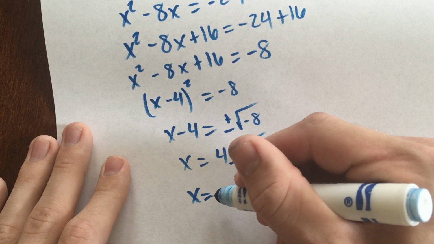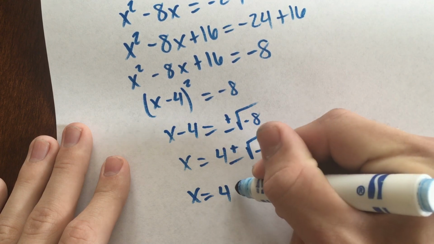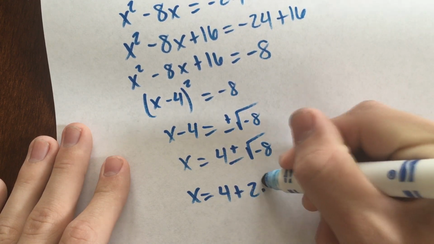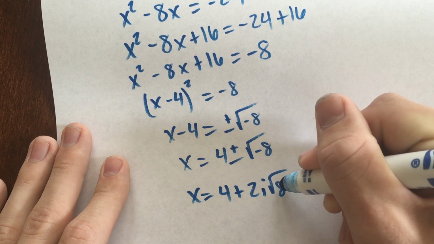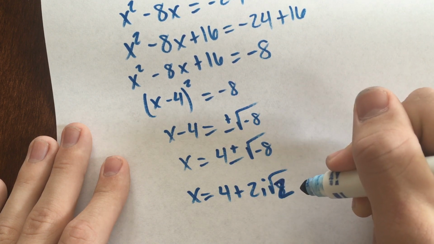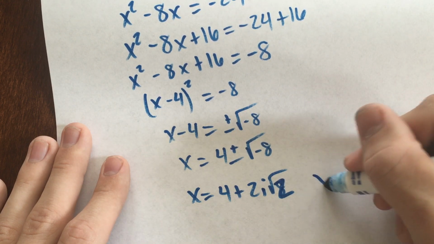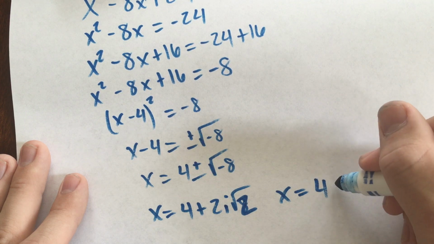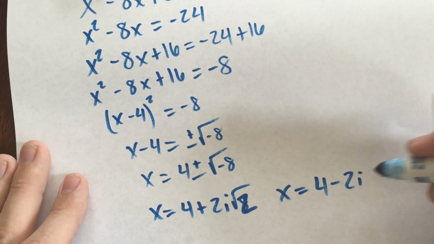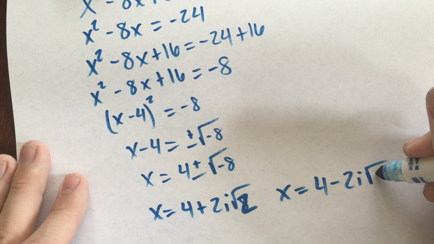Then x equals 4 plus 2i square root of 2. We have to do that because you can't have a negative in a square root, so it has imaginary numbers. And then the other will be x equals 4 minus 2i square root of 2.